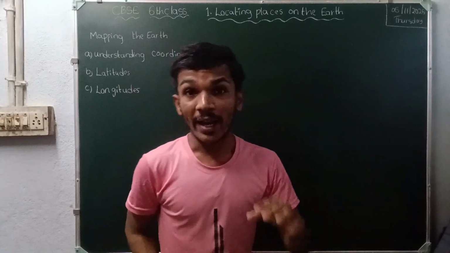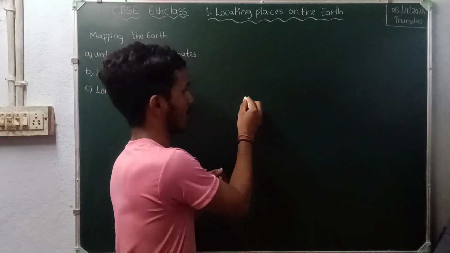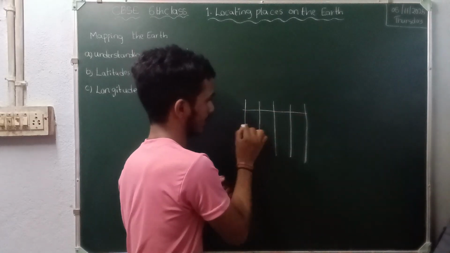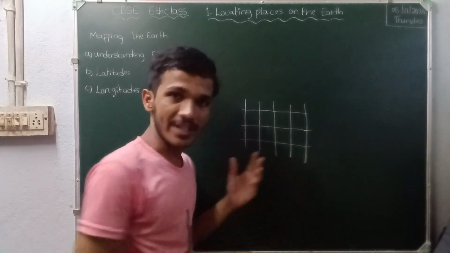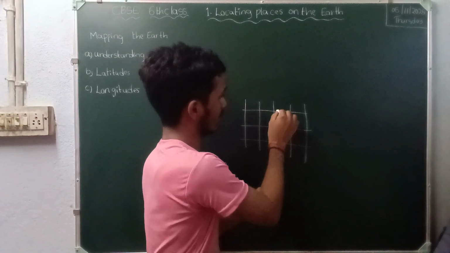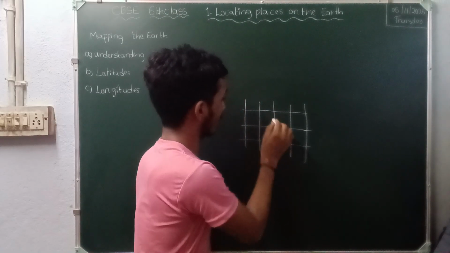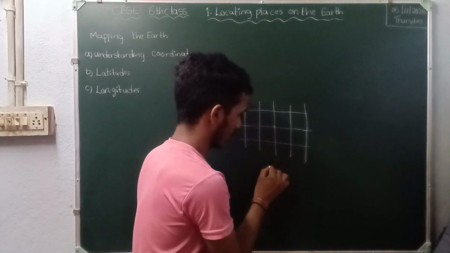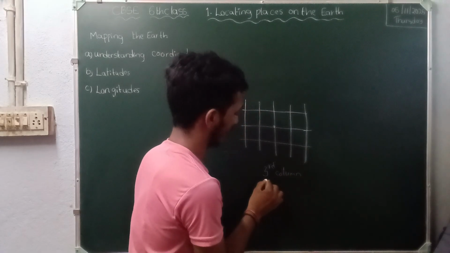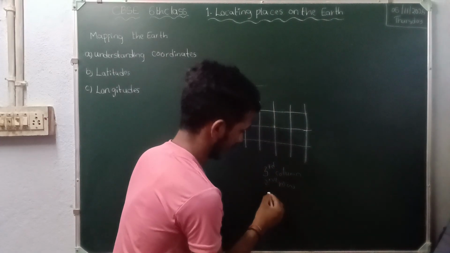Suppose at that location, every shop is in a similar manner. So what happens? It is a market. My friend wants to meet me at the second row, third column, near the gate.